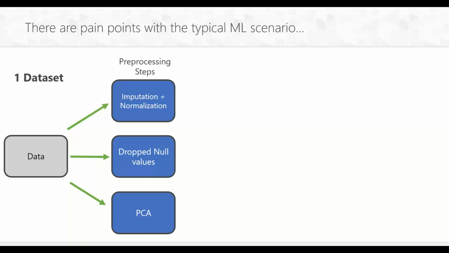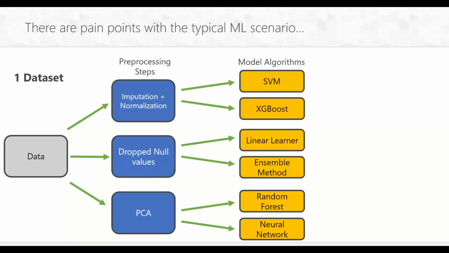This might mean imputation, this might be some standardization. It also can be some more complex algorithms like PCA. And with each different step you take, you are probably also going to explore a bunch of different algorithms that you want to use in combination with whatever pre-processing strategy you use.